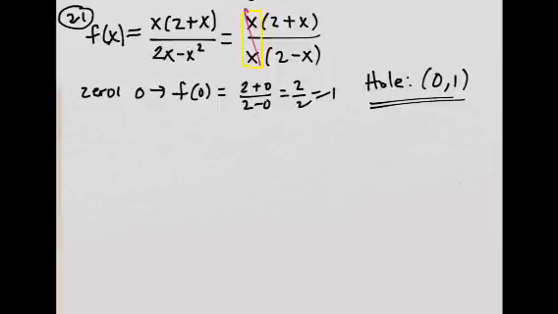Now, as for any asymptotes, let's see the vertical asymptote, if it has one. We look at the denominator. And what makes the denominator 0? Well, that would be 2, right? So the vertical asymptote would be x equals 2. Then we look at the horizontal or slant asymptote.